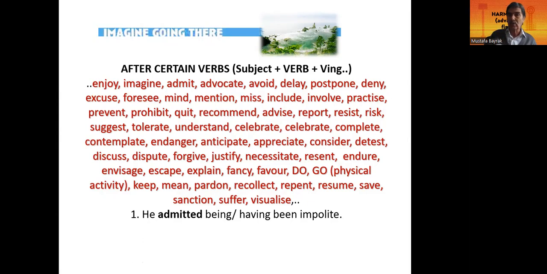To be impolite is present, but to have been impolite is the perfect infinitive. So he admitted being impolite, present gerund, but he admitted having been impolite, perfect gerund. So both of them are very practical. Okay, he admitted being impolite, he admitted having been impolite.